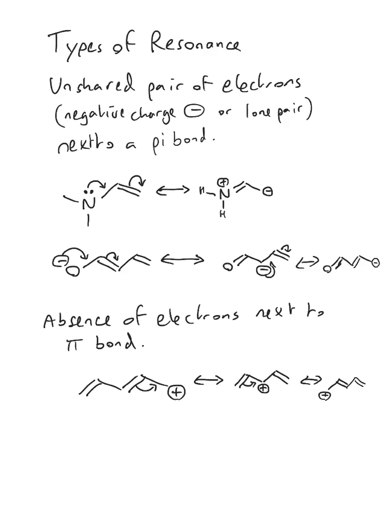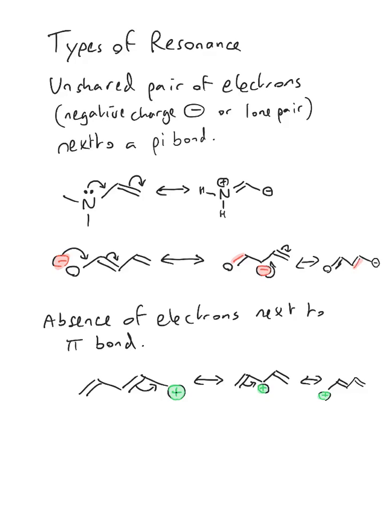But notice how the charge is moving along in the opposite direction of the arrows, whilst with the negative charge it forms the bonds that are becoming double bonds.